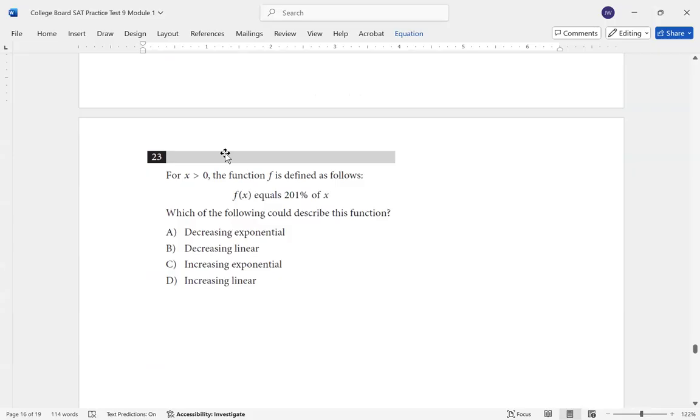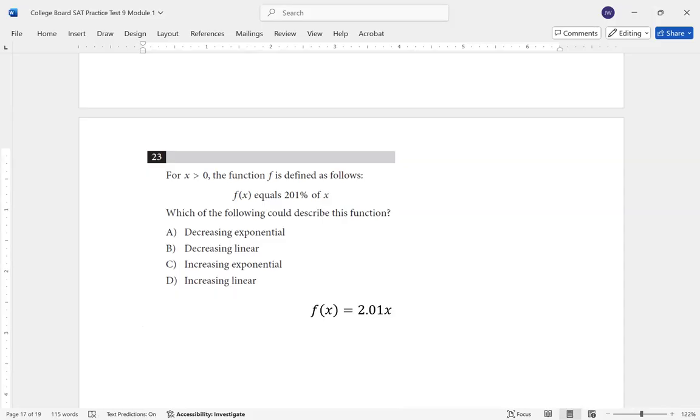Question 23. For x greater than 0, the function f is defined as follows. f of x equals 201% of x. So f of x is equal to 201% of x, written as an equation would be 2.01 times x.